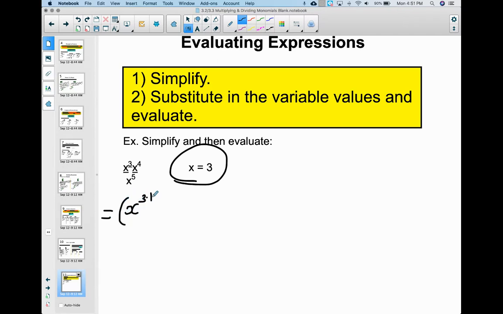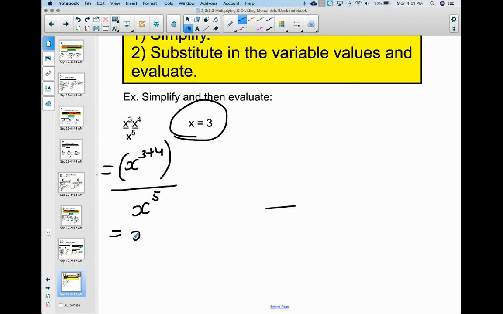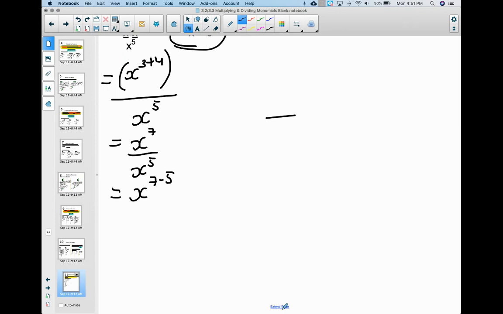We know that we need to take care of multiplication first, and therefore that would be x to the power of 7 divided by x to the power of 5. And dividing monomials, we know our principle is that we subtract the exponents of the same base, which gives us x to the power of 2.